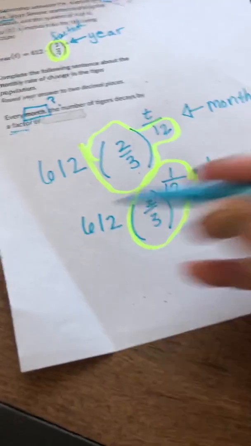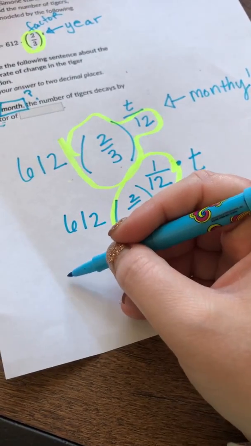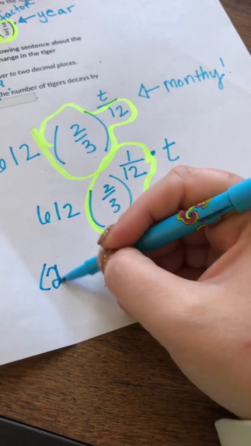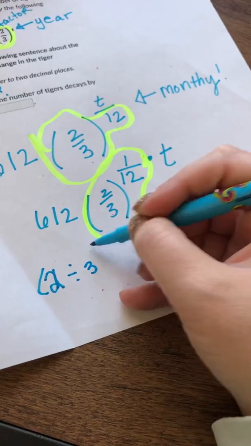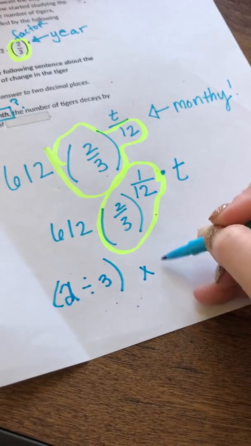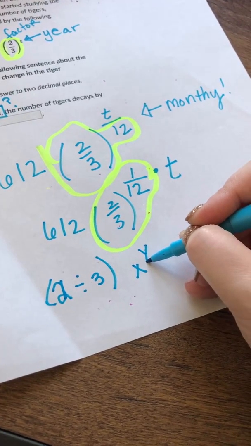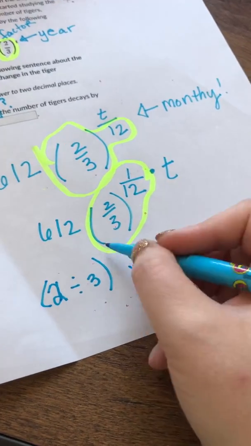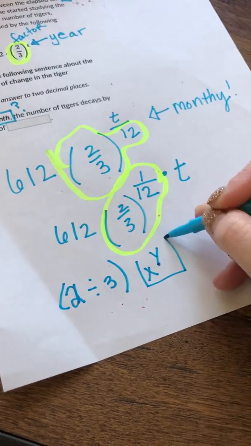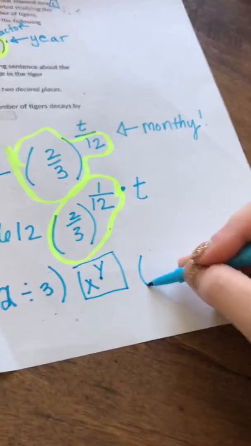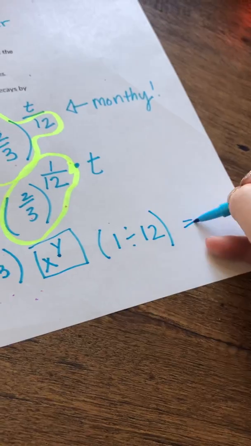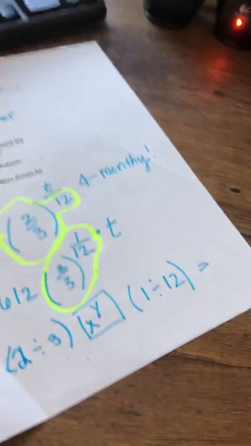Since 2/3 is a fraction, you're going to have to press parentheses, 2 divide 3, parentheses, then the x to the y button, and then another parentheses, 1 divide 12, parentheses, equals. So that's what you have to put in the calculator. Okay, gracias, bye.